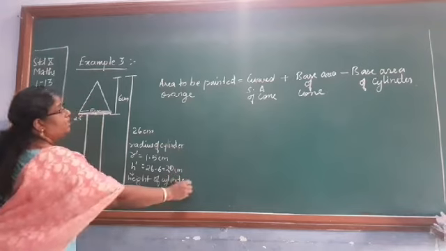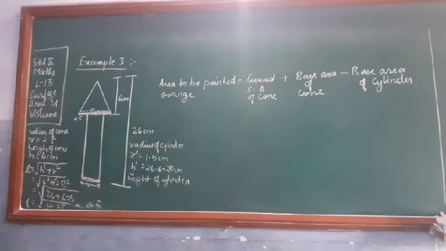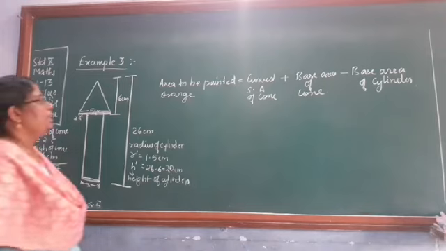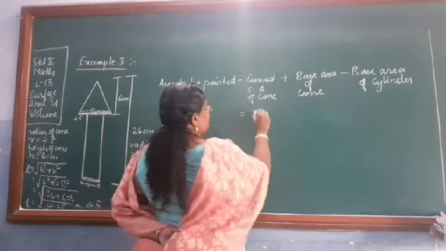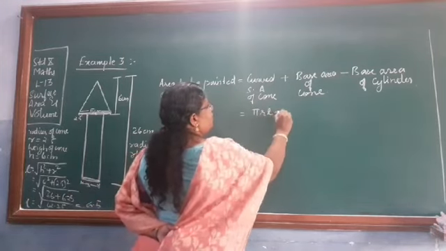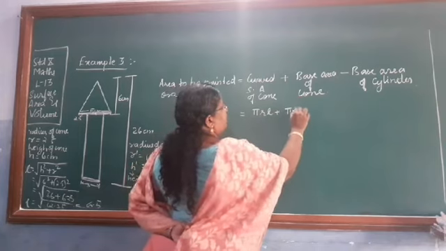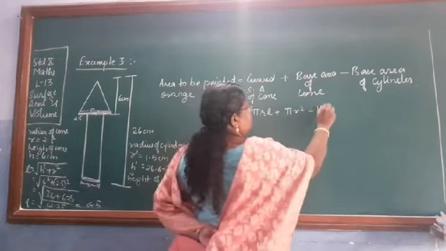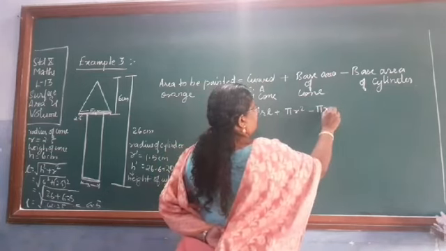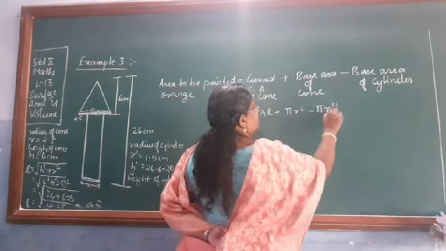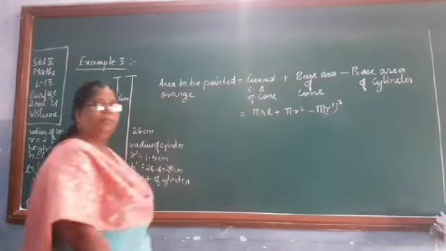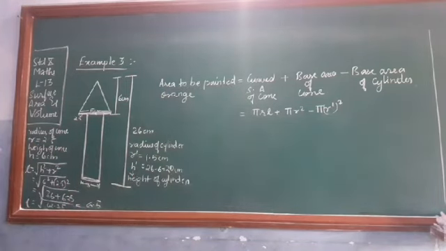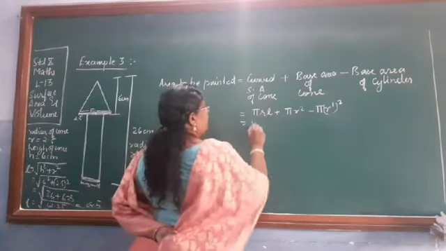So using this, we can get the area to be painted orange. Curved surface area of the cone is pi r l, plus pi r square minus pi r dash square. Pi is common everywhere, so you can take pi common.